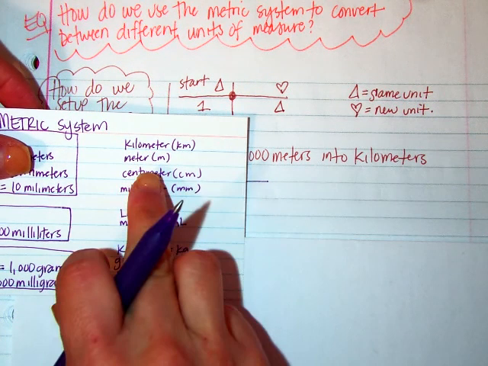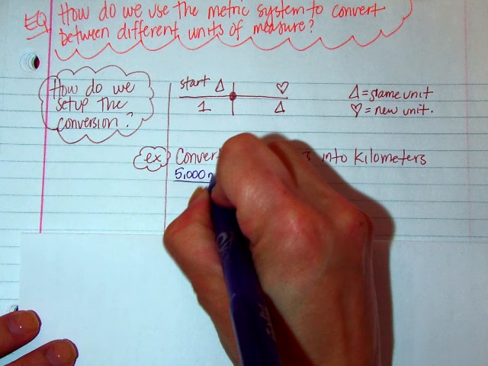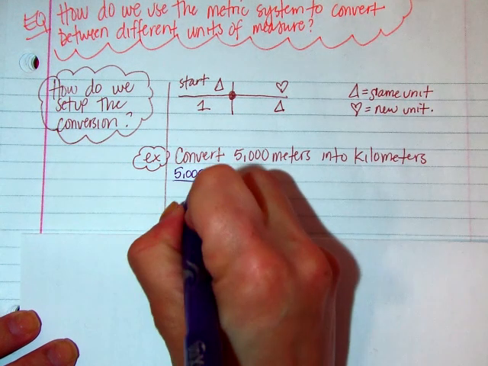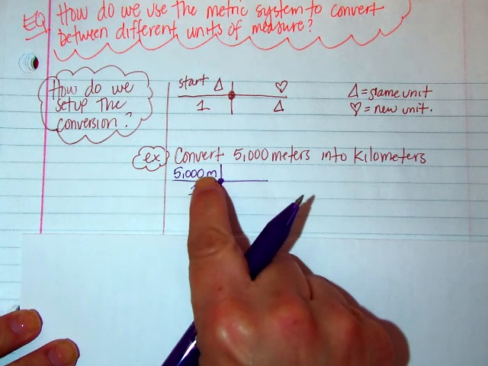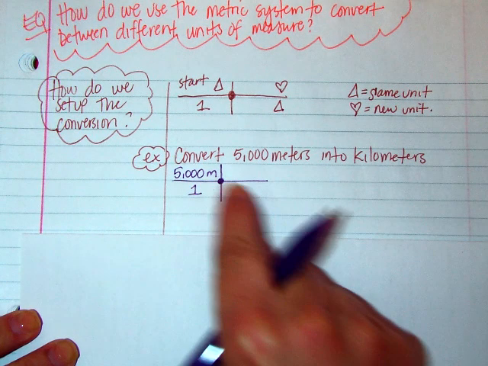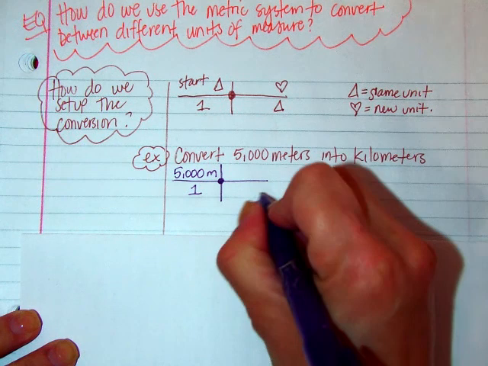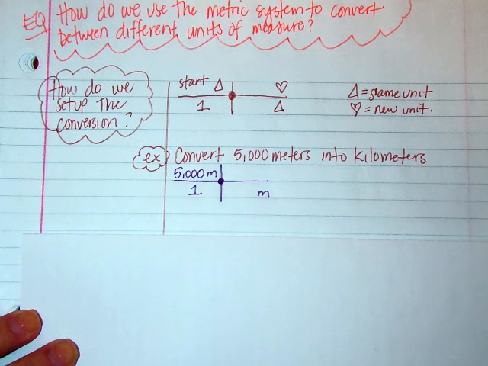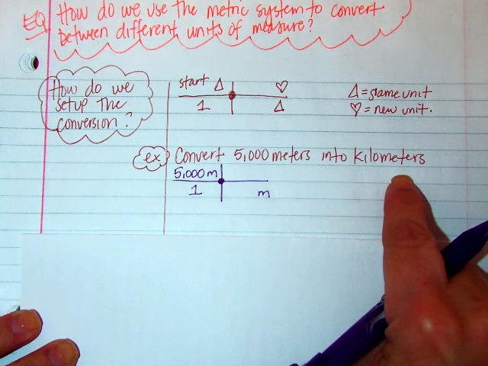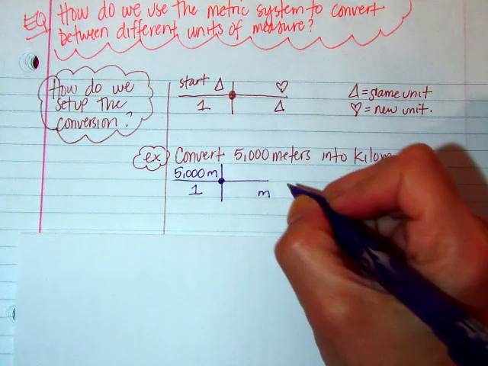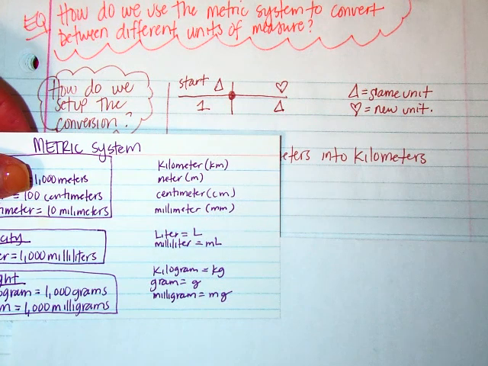Meters abbreviation is M, so I'm going to use M for meters. This will be over 1, okay? Now again, we want the same unit to be diagonal from one another. So I know that meters will come here on the bottom. And we want to turn these meters into kilometers. So abbreviation for kilometers is going to be km.